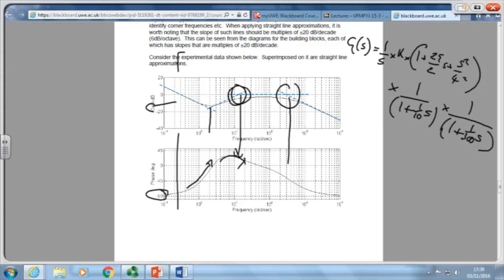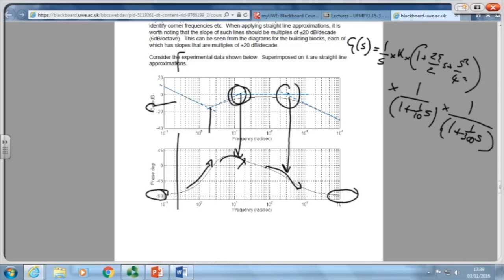I've got another lag corner there, and that's bringing it down further again. So I've got minus 90, plus 180, minus another 90, minus 90. If you add them all up, you should end up back at minus 90. So you can look at the phase information just to confirm that the analysis you did from the amplitude plot is correct.